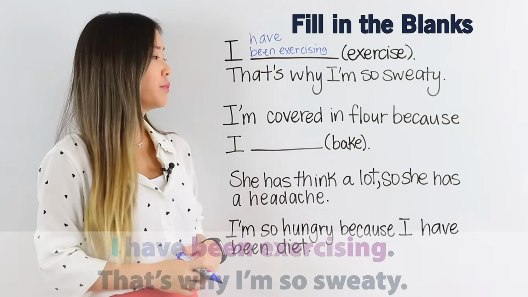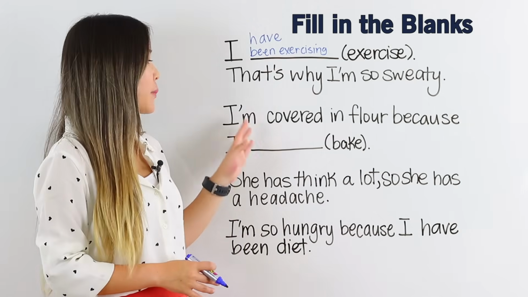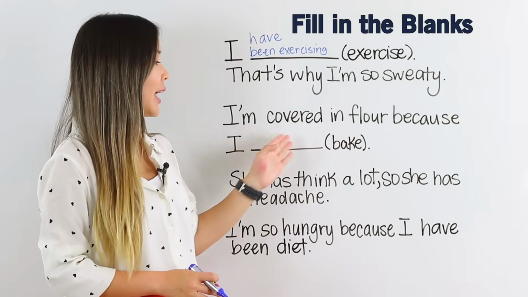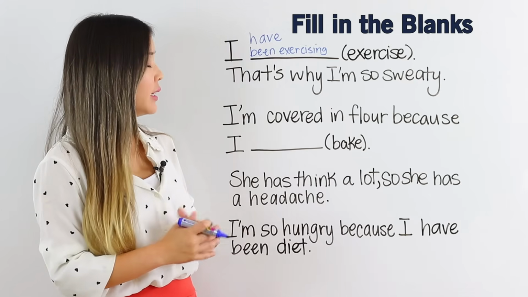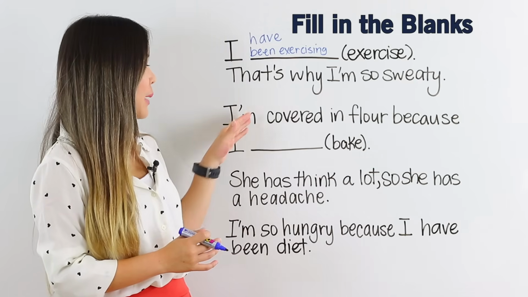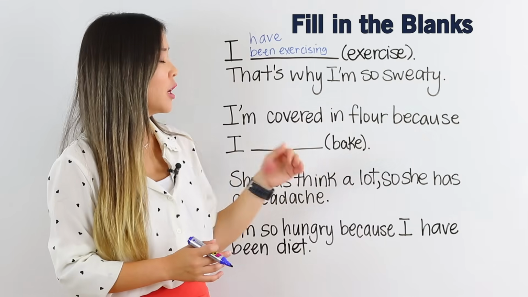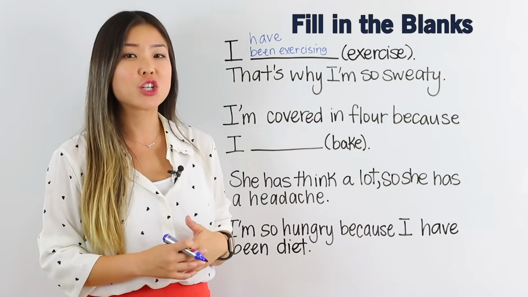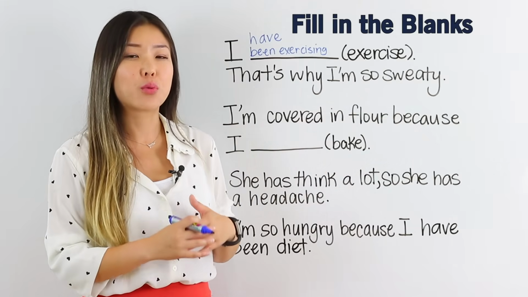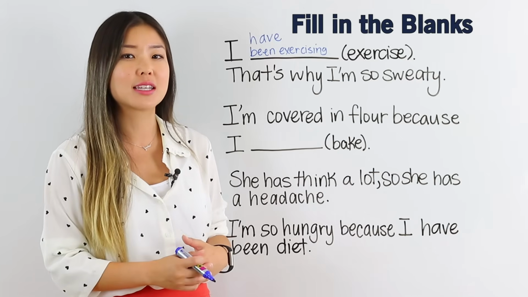That's the result. The next sentence says, I'm covered in flour because I blank. And the verb is bake. Take a look. I'm covered in flour because. So this first part is the result. I need to show the action that stopped recently in the present perfect continuous tense.